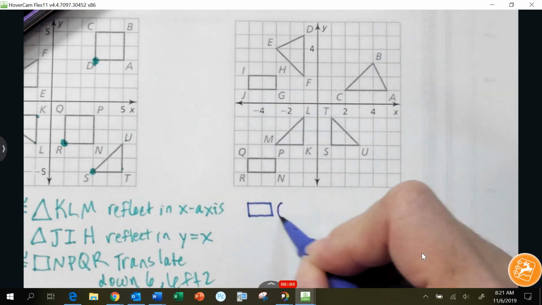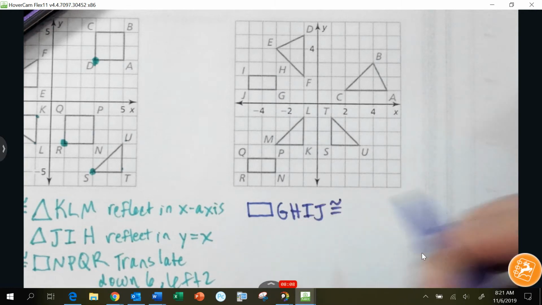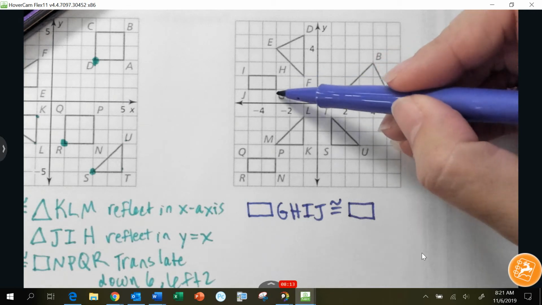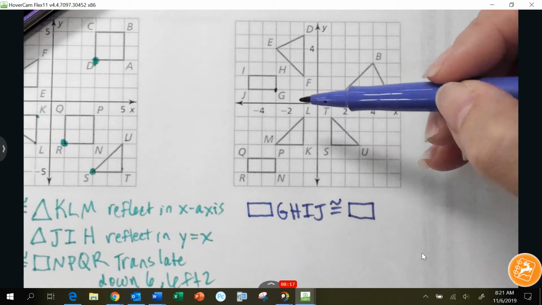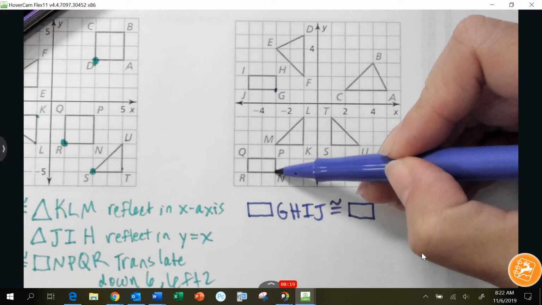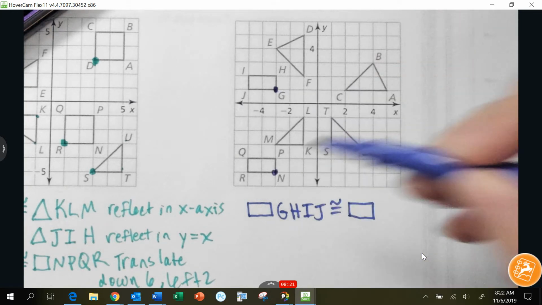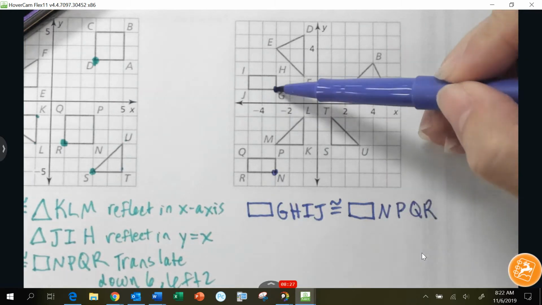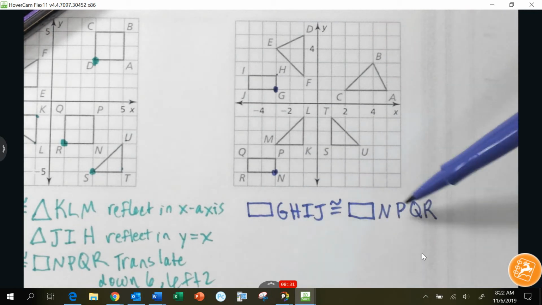I want to put it in order. GHIJ is congruent to rectangle, so if I started at G, I'm probably going to start at N: N, P, Q, R. So you want the corresponding points to be in the exact same order for both of these.